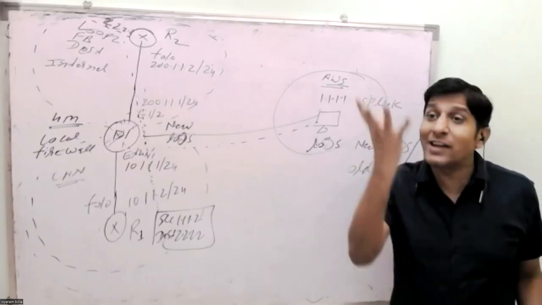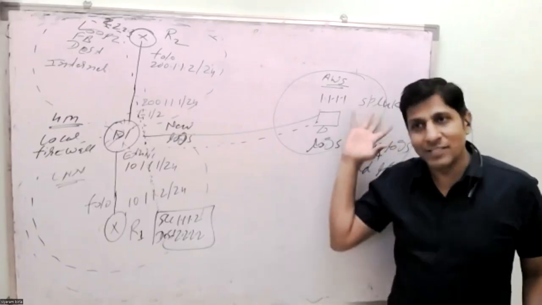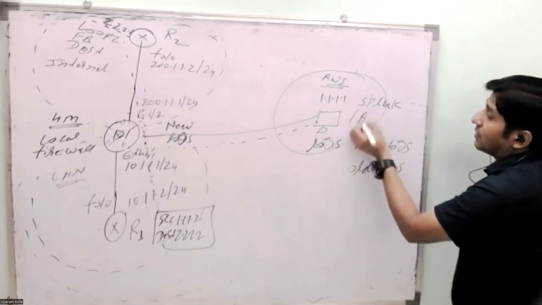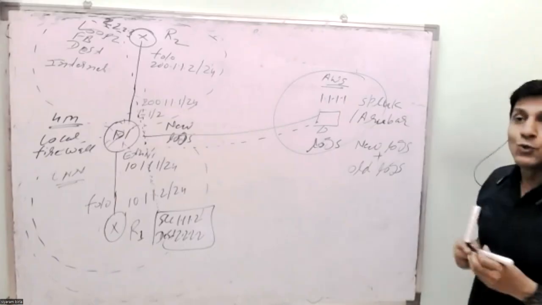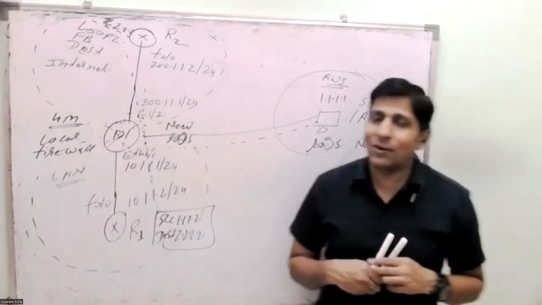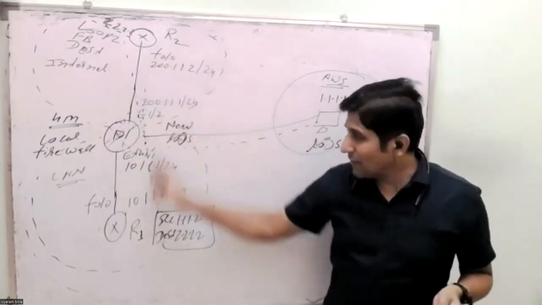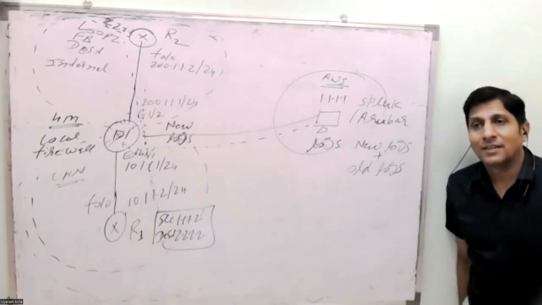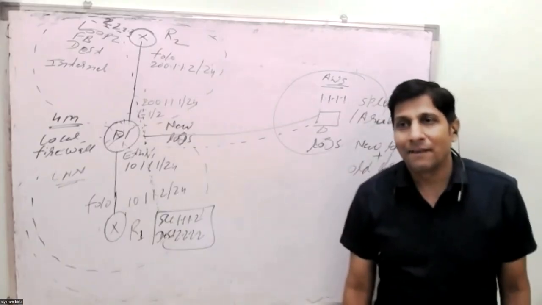Bit byte level means Wireshark level logs. Another vendor name is Arbor. Arbor is also a log server. It gathers real time logs, whatever logs are going through here and here. That server is called a Splunk or Arbor server.